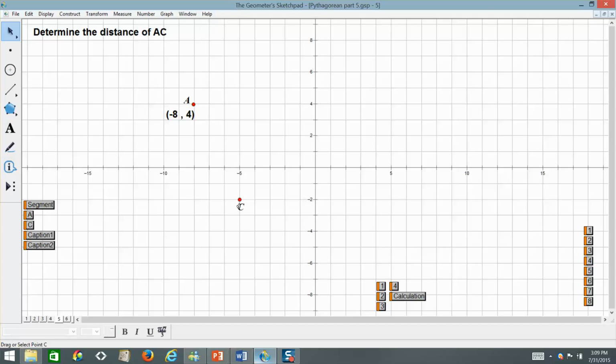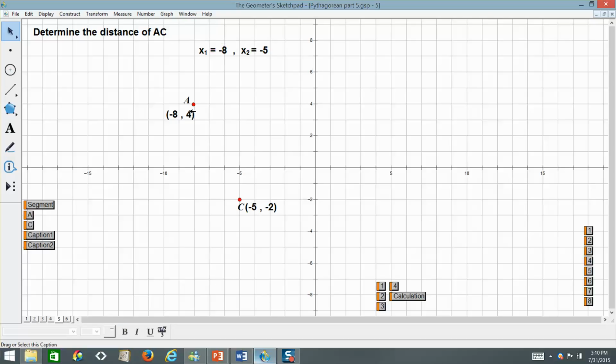While the coordinate of C here is negative 5, here is negative 2. So the coordinate of C is negative 5, negative 2. So from this, we can determine x sub 1 is equal to negative 8, and x sub 2 is equal to negative 5 here.